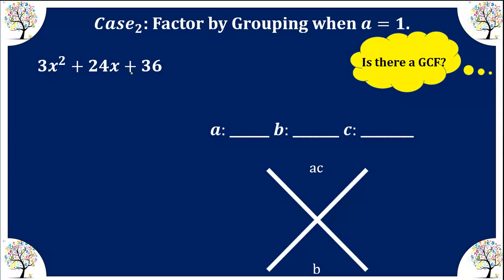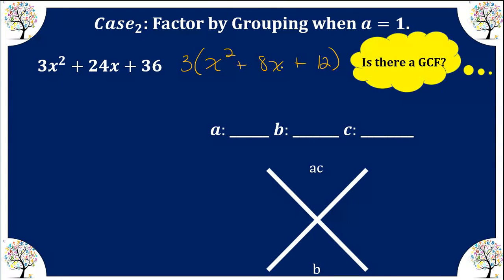3x squared plus 24x plus 36. Again, I always ask, is there a GCF? Especially when a is not 1, you know that there's a big chance that there is a GCF, and in this case, it is 3. I'm left with x squared plus 8x plus 12.